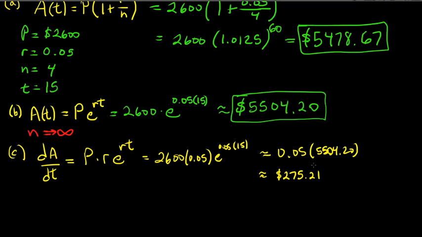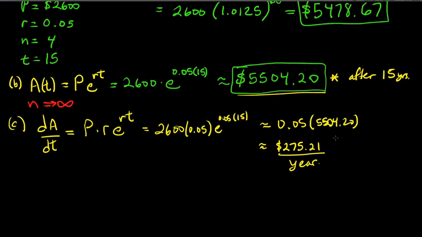So what do we mean by that? After 15 years of compounding continuously, this is how much money you have, and this tells you how quickly your amount is changing. This is a rate, so it's per year. Knowing that, we can approximate how much money you have after 16 years.